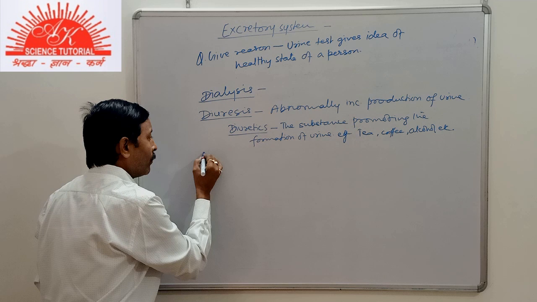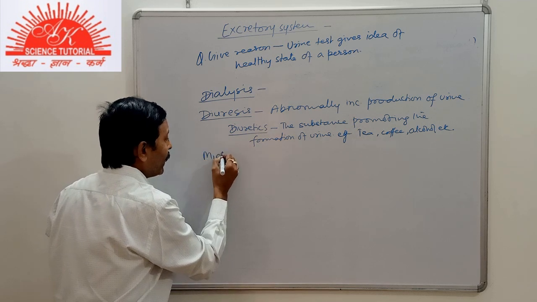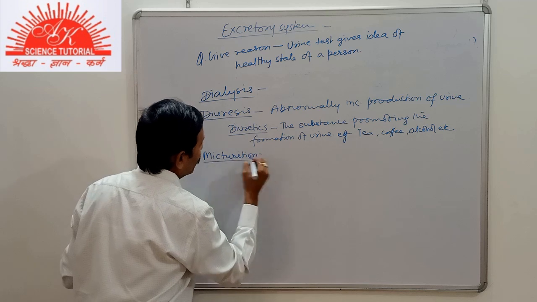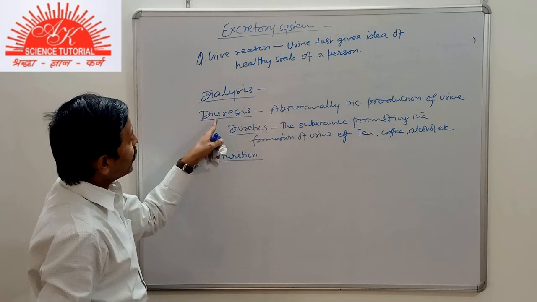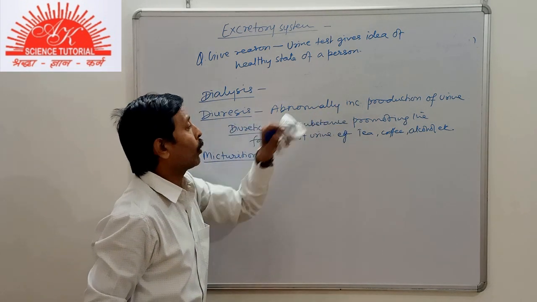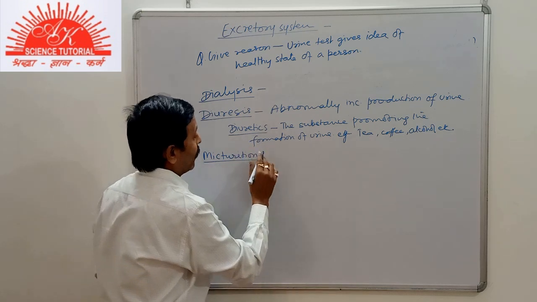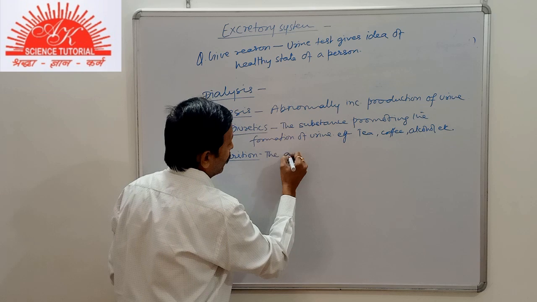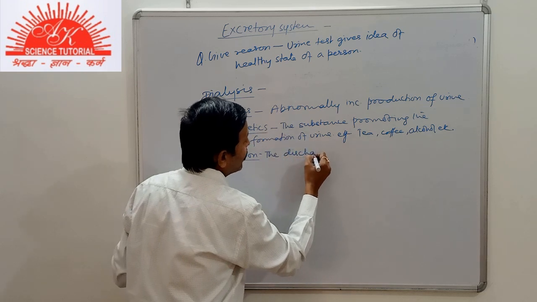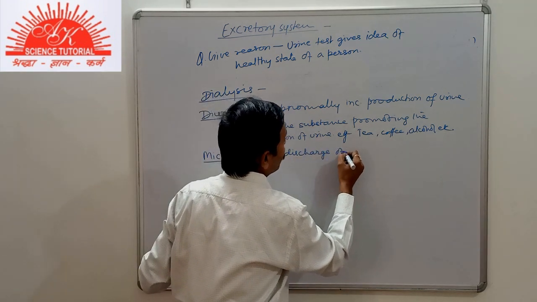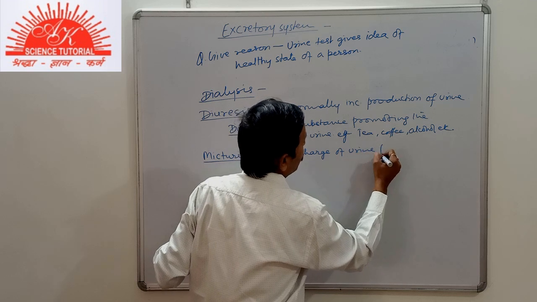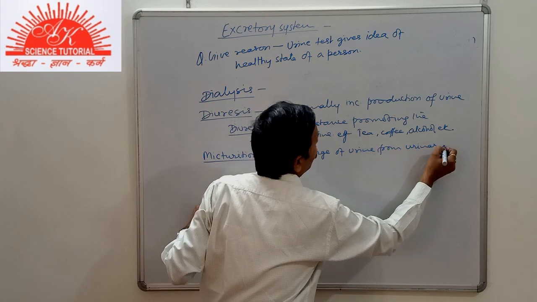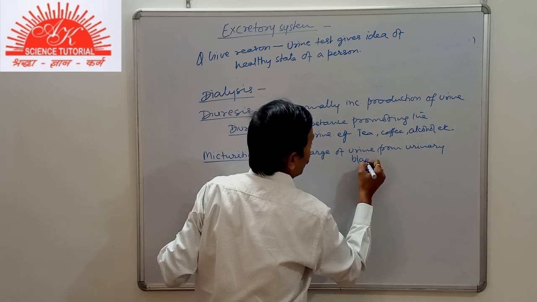The next term in this chapter is called micturition. Diuresis was the abnormally increased production of urine, and micturition is the release or discharge of urine from the urinary bladder, or from the body.